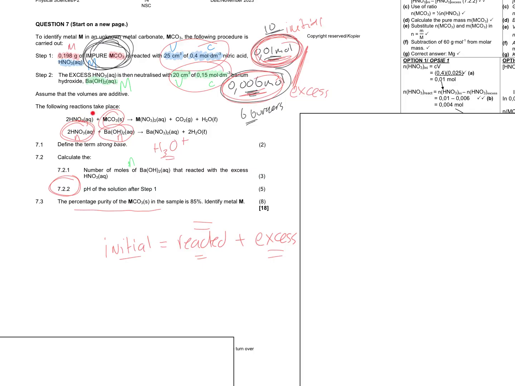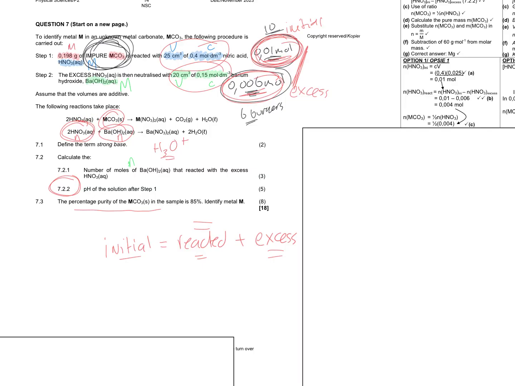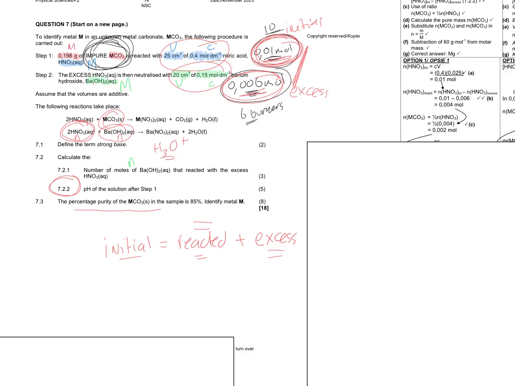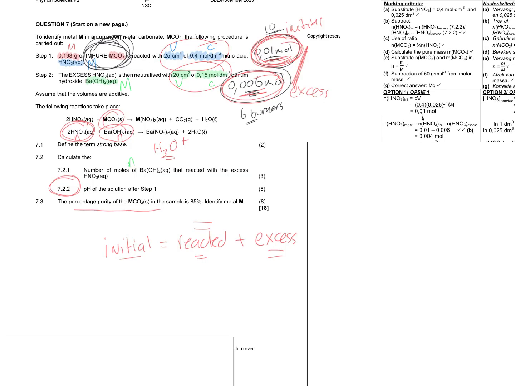So now I can work out the number of moles of MCO3 using the ratio. As usual, we use the ratio, and again, you get a mark. Use of ratio.